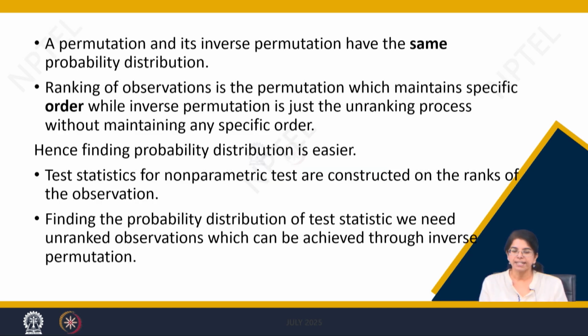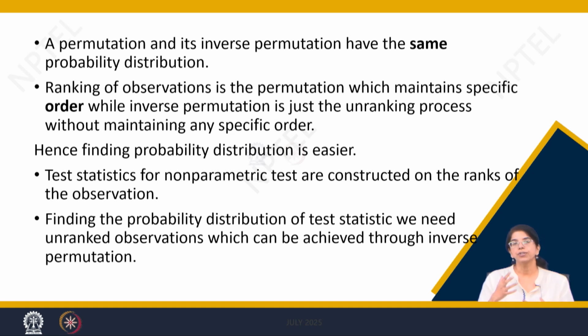A permutation and its inverse permutation have the same probability distribution, and there lies the importance of studying the inverse permutation. Ranking of observations is a permutation which maintains a specific order. I told you ranking means arranging in ascending order, so two consecutive observations must hold an inequality like greater than or less than.